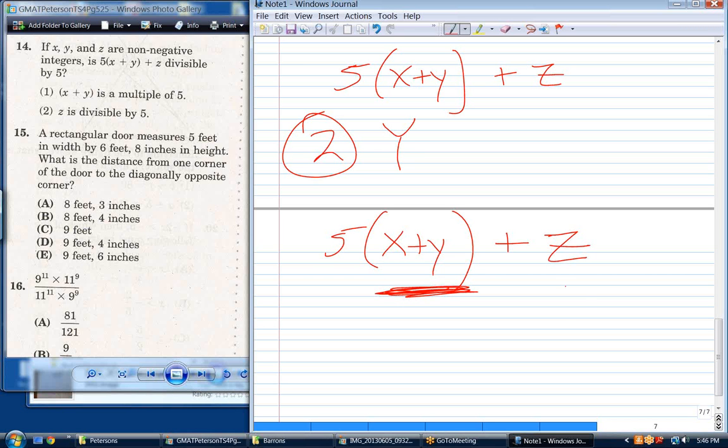If Z is 11, then that's not divisible by 5. If Z is 10, it would be. But without knowing anything about Z, knowing that X plus Y is divisible by 5 doesn't really help. We already have a 5 over there, so we already know that this term is divisible by 5, no matter what X and Y are. So I would say B is the answer.